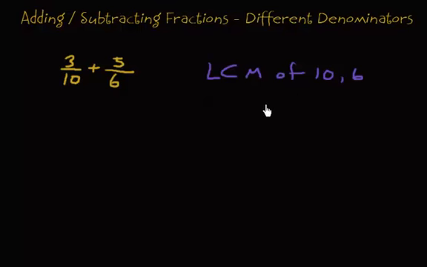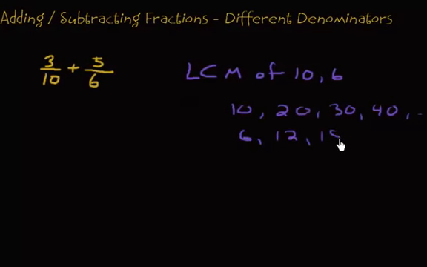If you're not sure, you would start with multiples of 10: 10, 20, 30, 40, and so on, and then multiples of 6: 6, 12, 18, 24, 30, and so on. Well, there you go. We found our first common multiple. Remember, LCM stands for least common multiple. It's the number that they both have in common, and the L stands for the smallest one. So my new denominator is going to be 30.